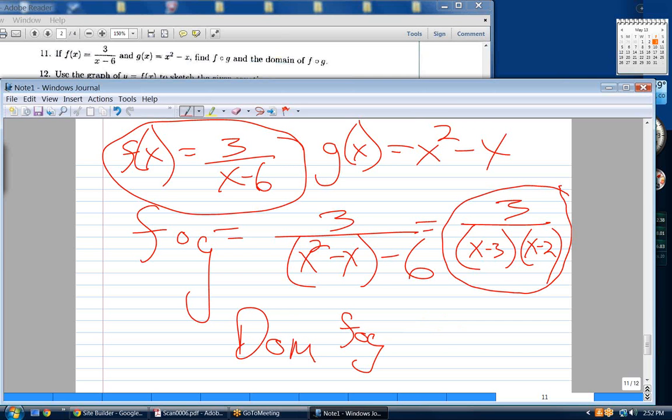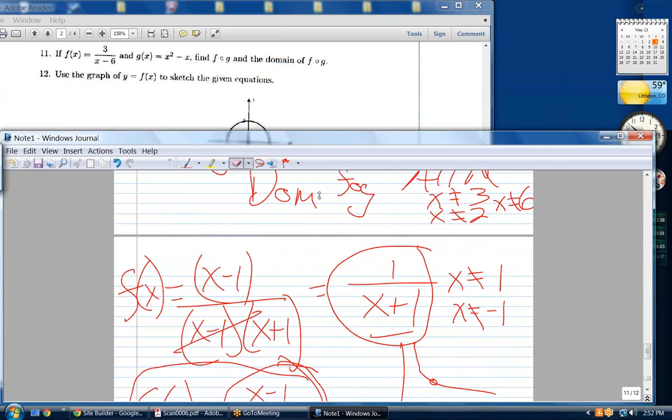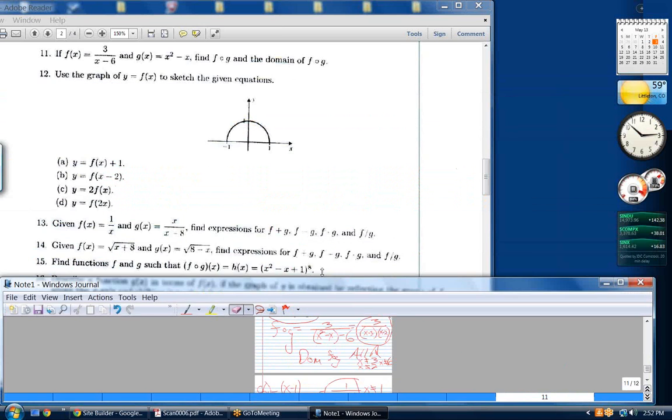In other words, I think the domain of fog is all real except x can't be equal to 3, x can't be equal to 2, and x can't be equal to 6. It's possible that this last one is not part of the domain, but I believe that it is. I believe you have to carry forth those domain restrictions on composite functions, which is what this is. This is a composite function.